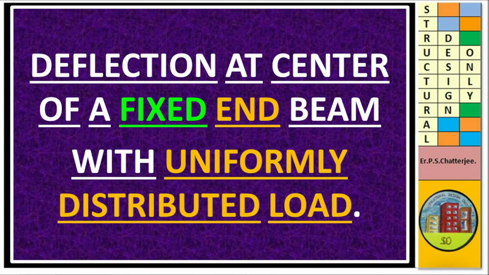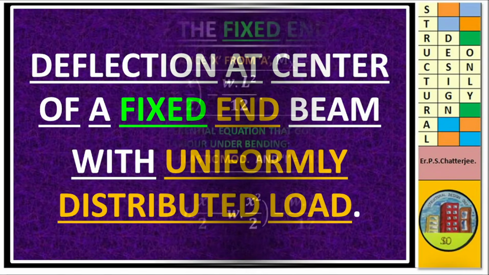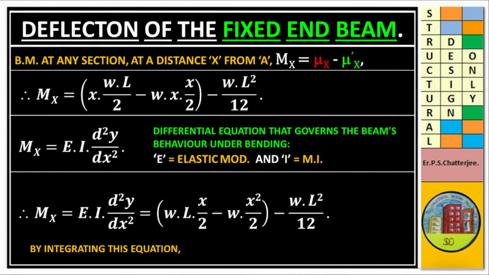Deflection at the center of the fixed end beam with uniformly distributed load. Deflection of the fixed end beam at any section distance x from A: Mx is equal to Mu x minus Mu dot x. Mx is equal to x into W into L by 2 minus W into x square by 2 minus WL square by 12.